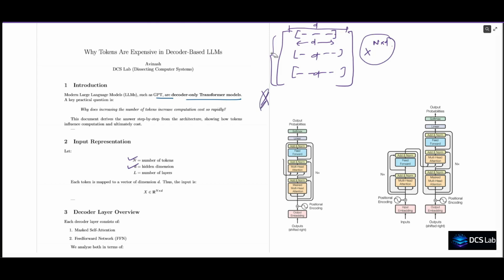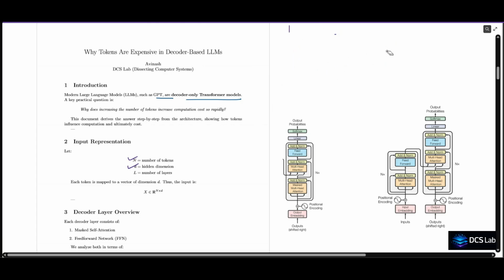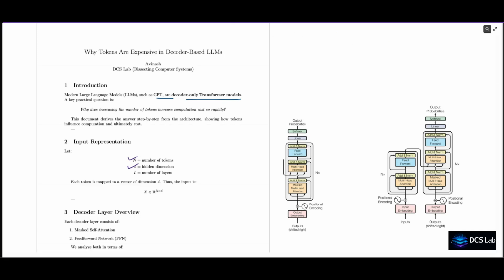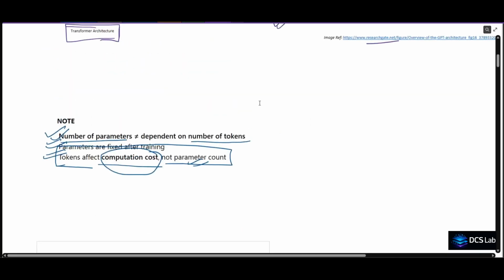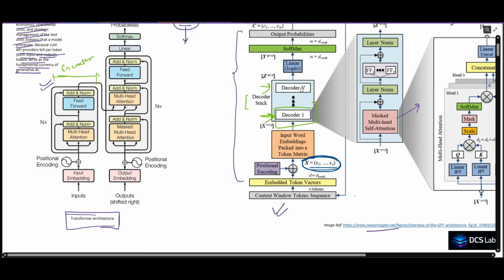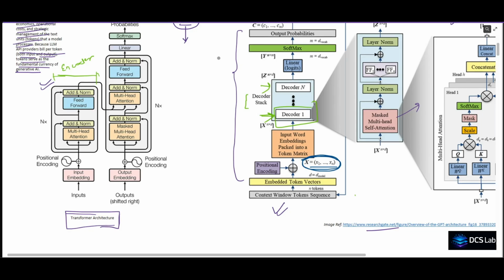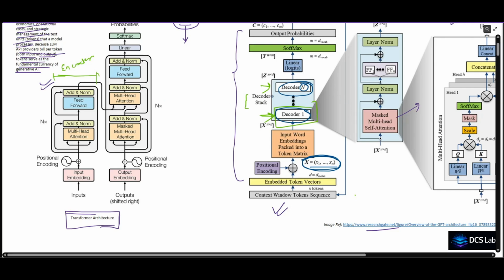Now L is the number of layers. What is the number of layers? That is the number of decoder layers. You saw in the example above, we had stacked decoder layers. Let L be the number of decoder layers you are using. Let's not get confused with the different variables we are using, because the diagrams have been taken from multiple sources and each had its own label.